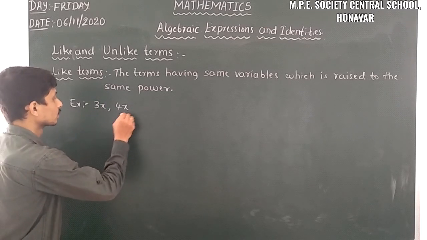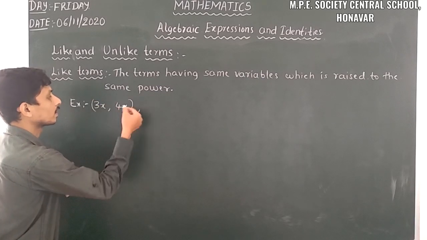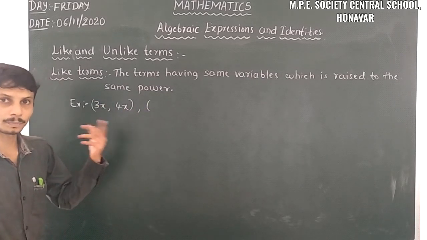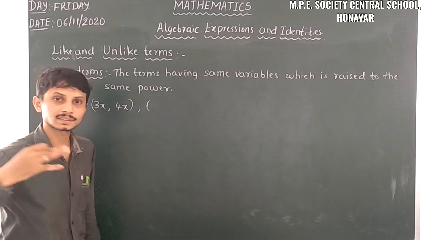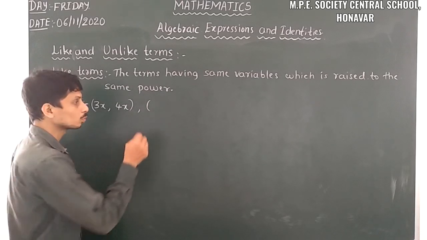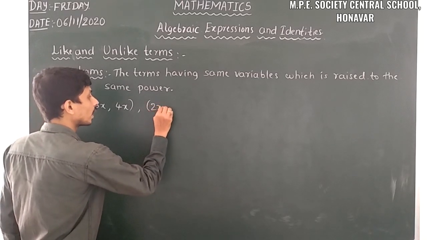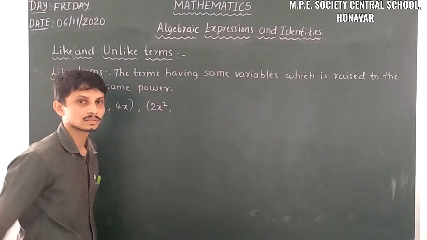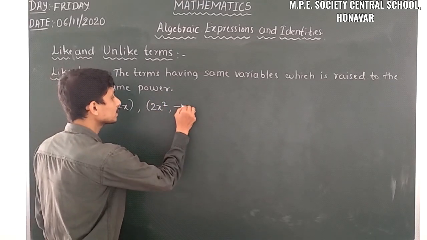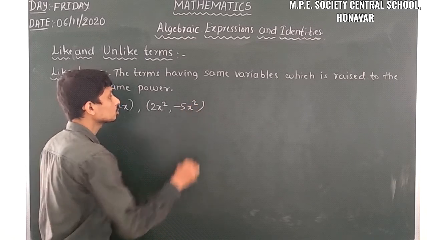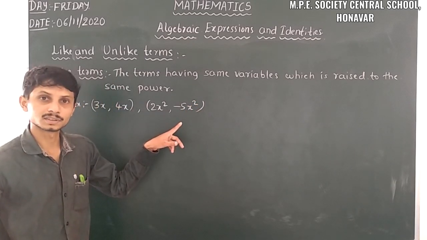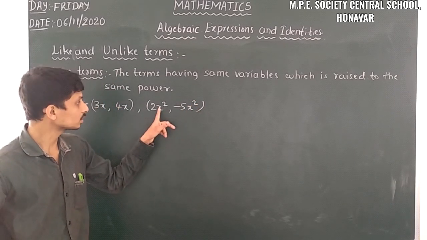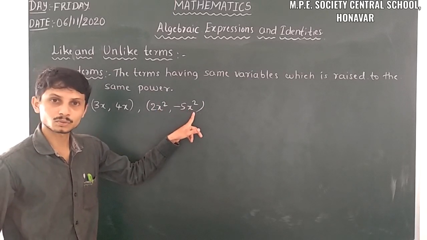Here this is one pair, so let us take another pair, with the power raised to 2: 2x square and minus 5x square. Those two are like terms. Here x square is there, and here x square is there.